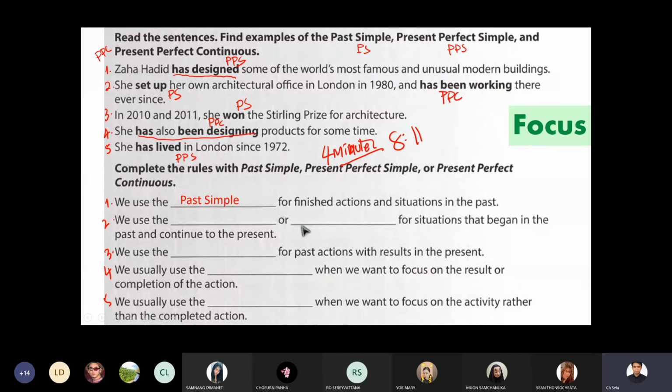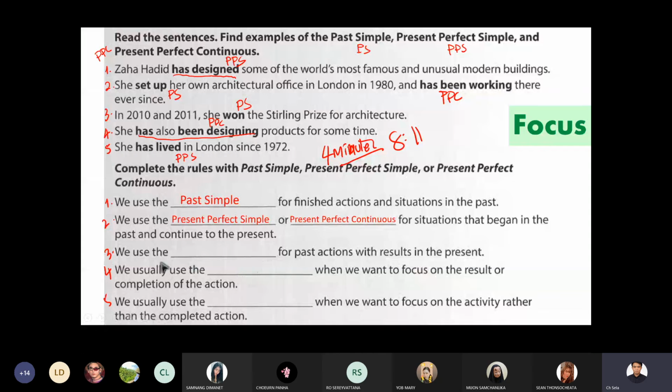Okay, that's okay now. Time is up. We'll check the answer together. Number 2, we use what? We use the present perfect simple or present perfect continuous? Present perfect continuous for situations that began in the past.